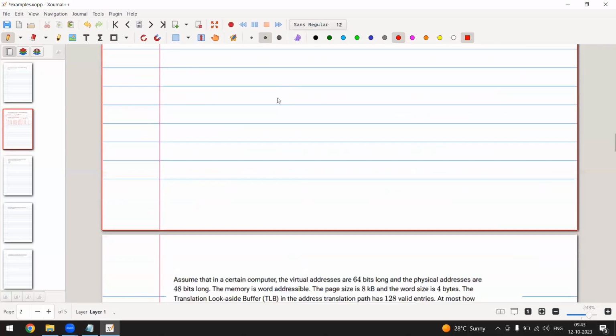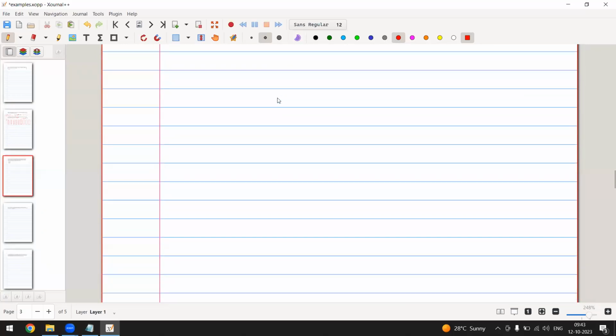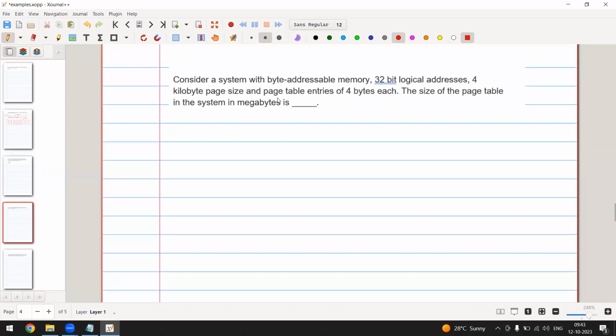Let's take a second example. Now the second example is, read the data.